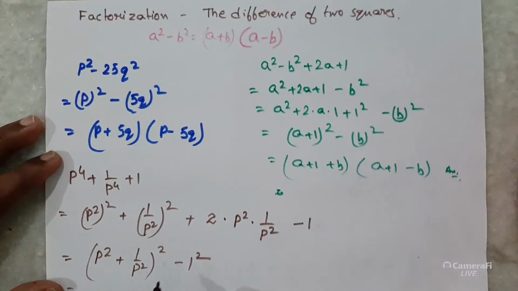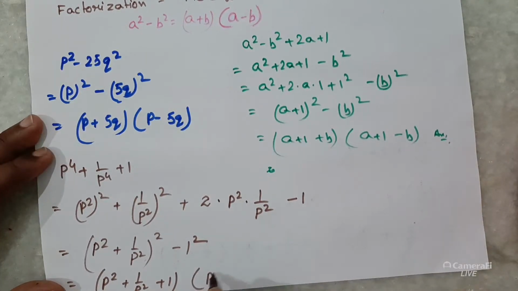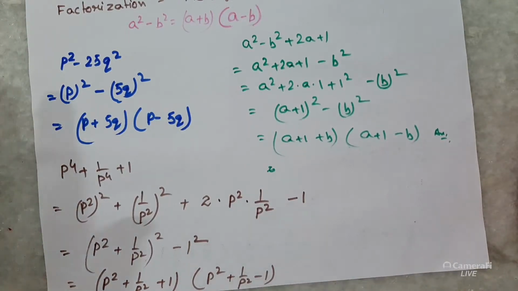Then 1 square we can retain as is, so it will be p square plus 1 by p square plus 1 into p square plus 1 by p square minus 1. Okay. Understood?